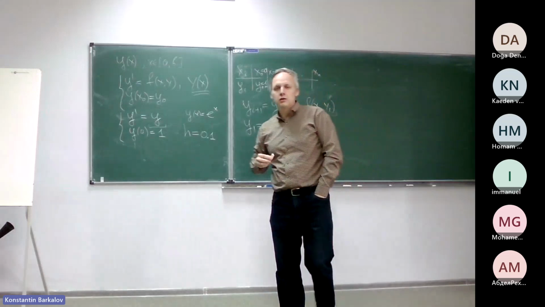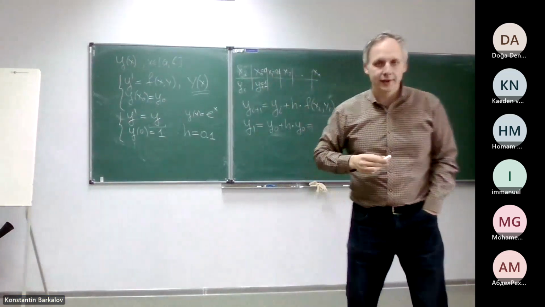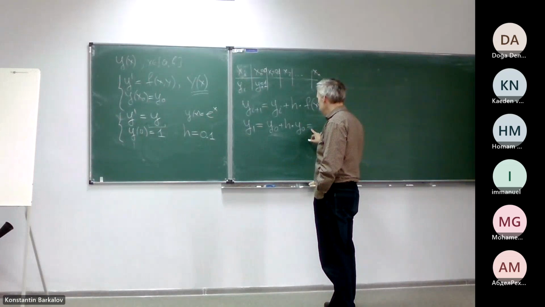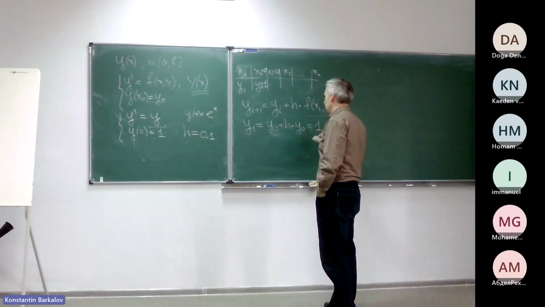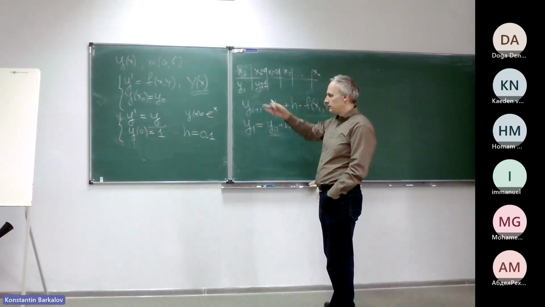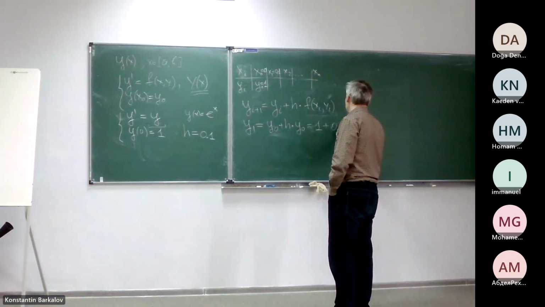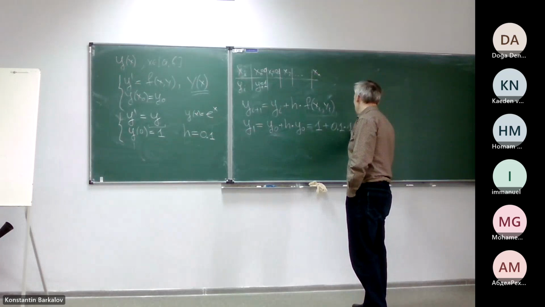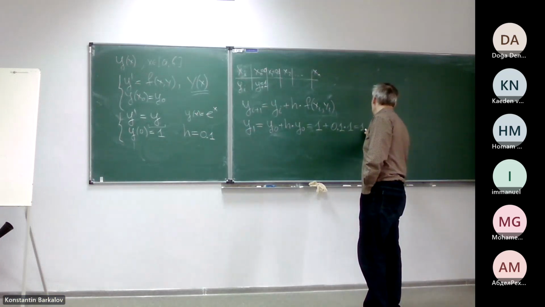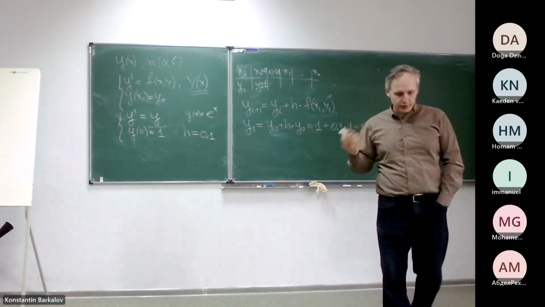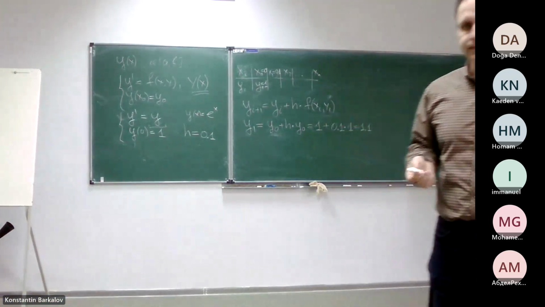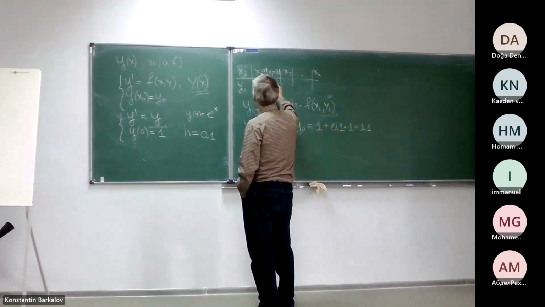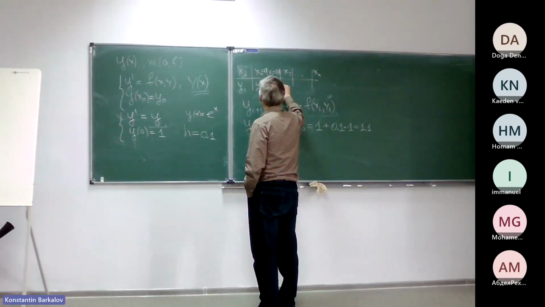For these particular values, y0 is 1 plus h, 0.1, times 1, and we have 1.1. So y1 equals 1.1.